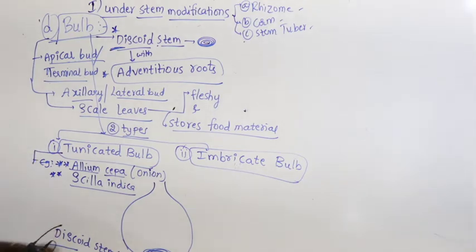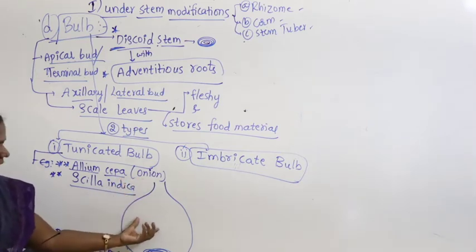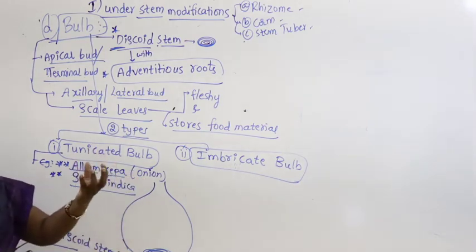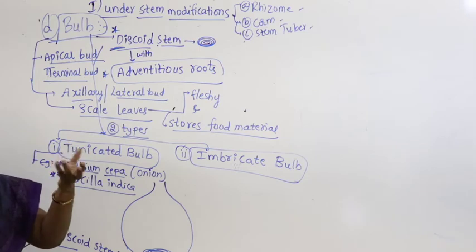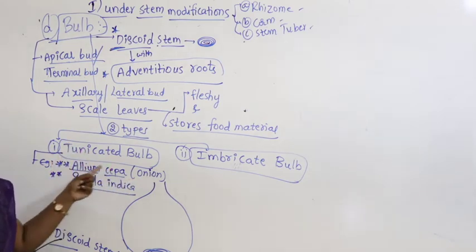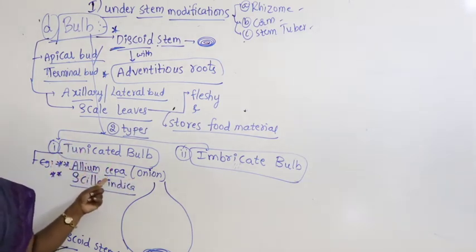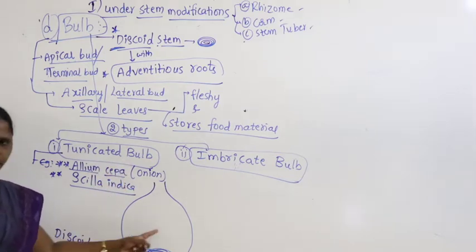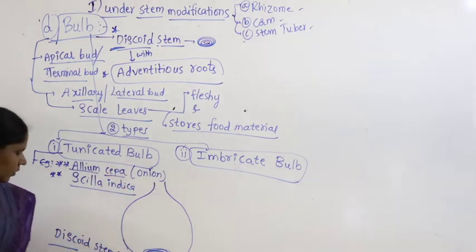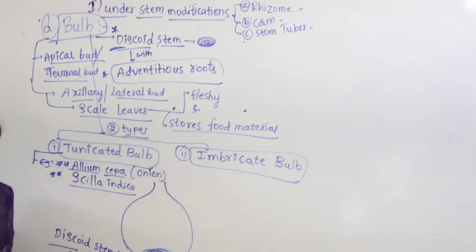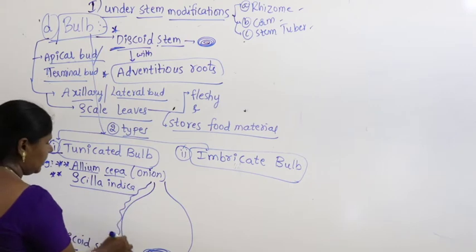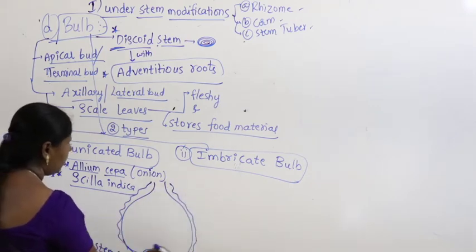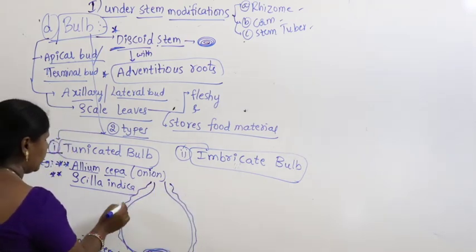Simply take an onion into your hand. What I am drawing here is an onion. Observe the onion carefully. The onion's scientific name is Allium cepa. If you look at the onion, you find a discoid stem at the base, and it contains adventitious roots. The onion is covered by a thin leathery paper called tunica.